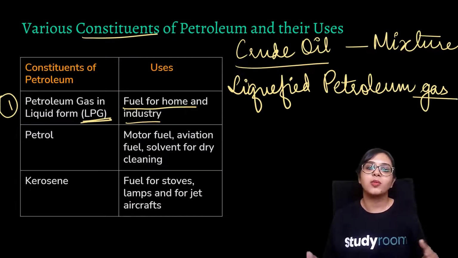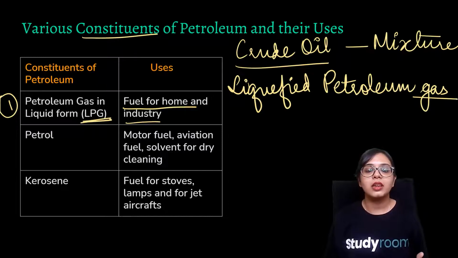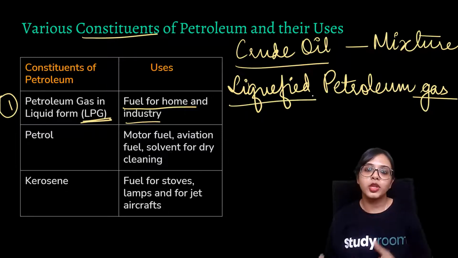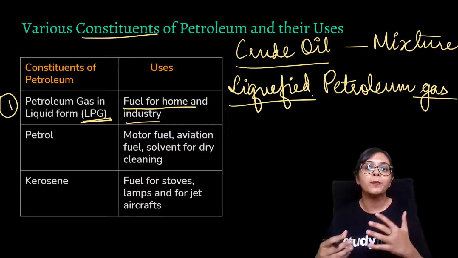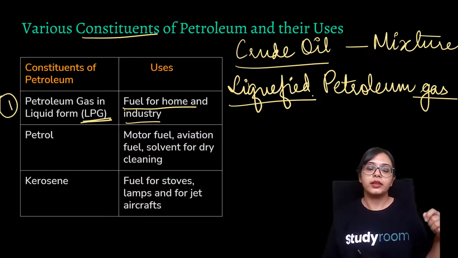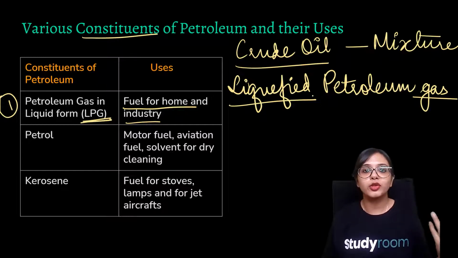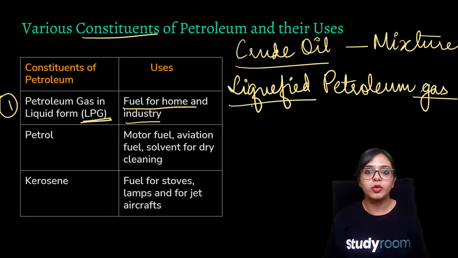Since it has to be supplied to your home, it is liquefied and then put into that red cylinder that arrives at your home. When you switch on the gas, since the outside pressure is lower, the liquid comes out of the stove in gaseous form, and you are able to use it as a fuel for cooking food.